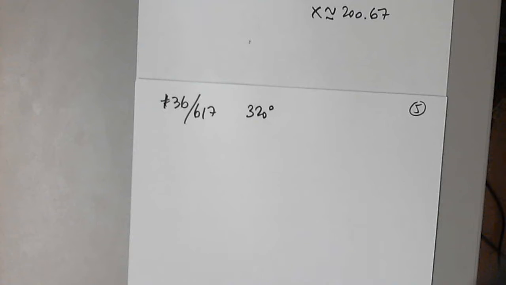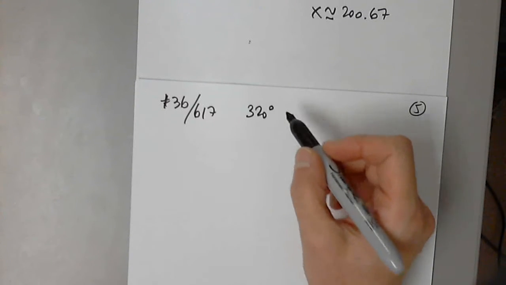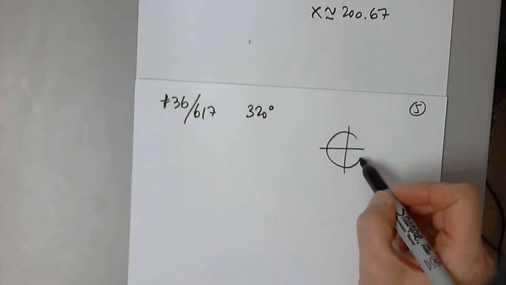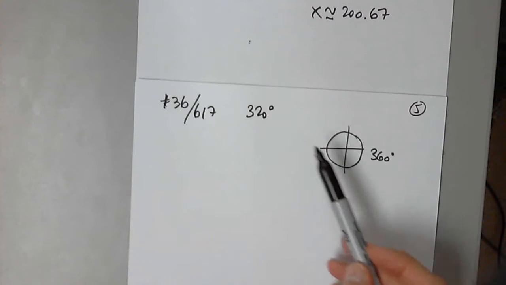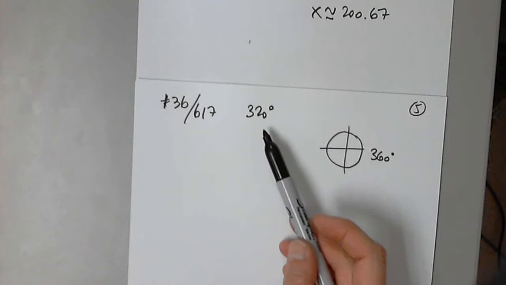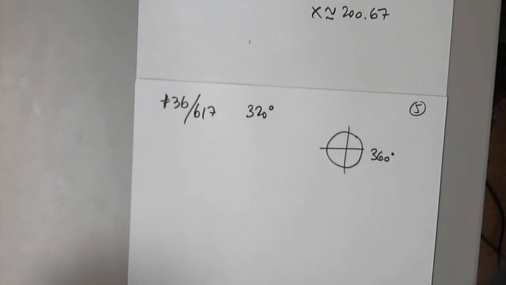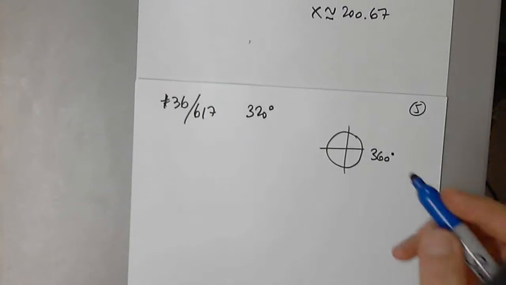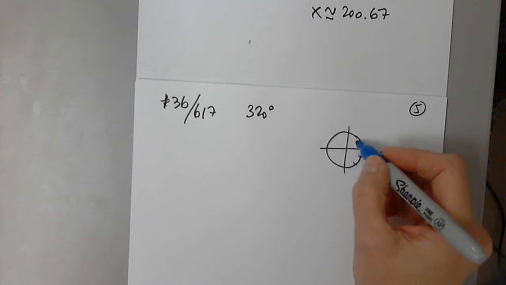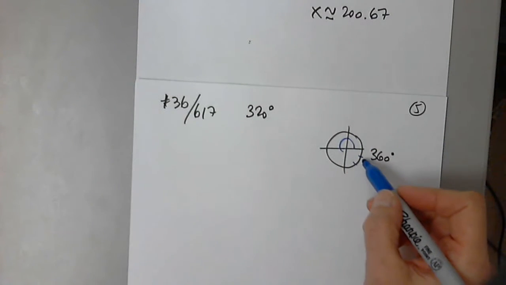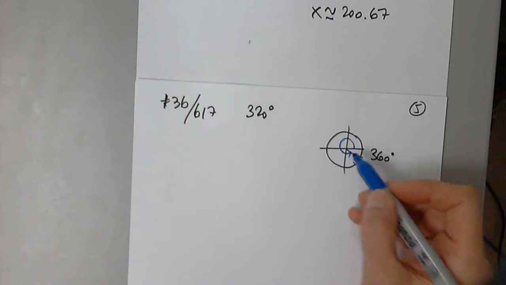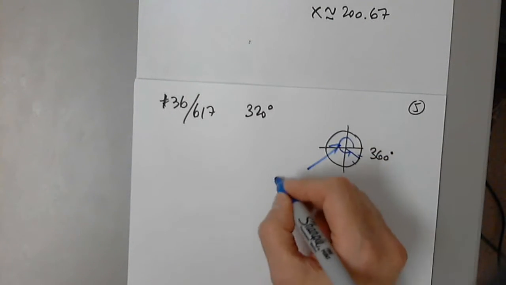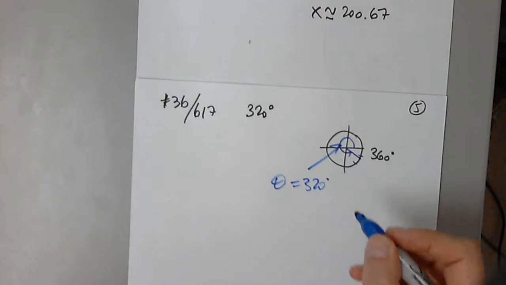Okay, so first of all, I know that a complete rotation has 360 degrees, correct? So obviously, this is shy of 360 by 40 degrees. So that means that the angle is, first of all, a positive angle, and this is theta, 320 degrees.